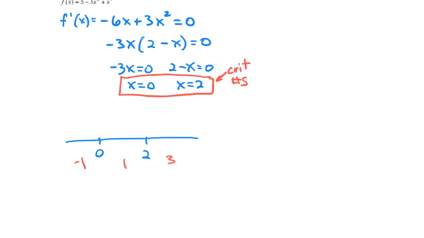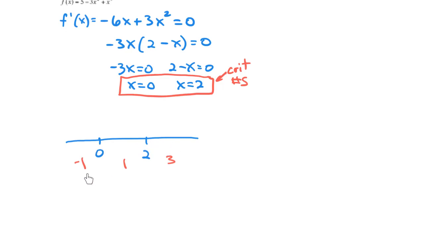And then we just need to figure out what the derivative is doing at these points. These are going to be my test points, negative 1, 1, and 3. Again, they can be any numbers in these 3 regions. And we need to see if the derivative is positive or negative on these 3 regions.